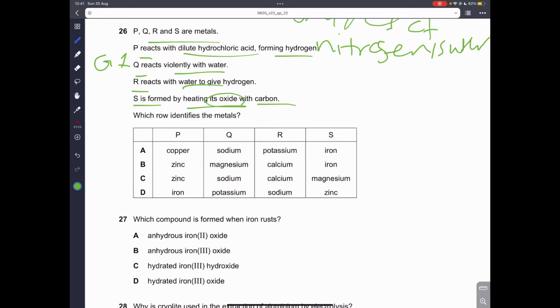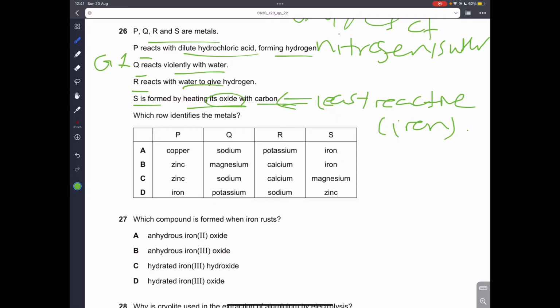S is formed by heating its oxide with carbon. Now this is the least reactive metal. So it could be something like iron, right? It is less reactive than carbon in the reactivity series, so it could be the least reactive.